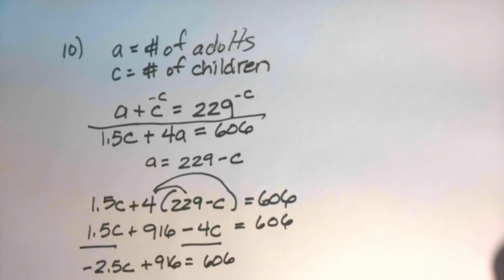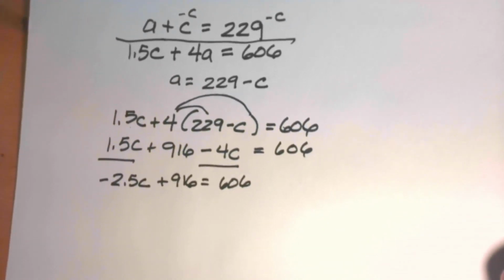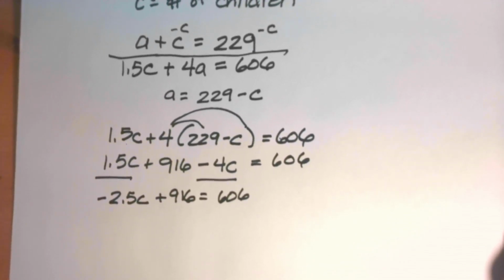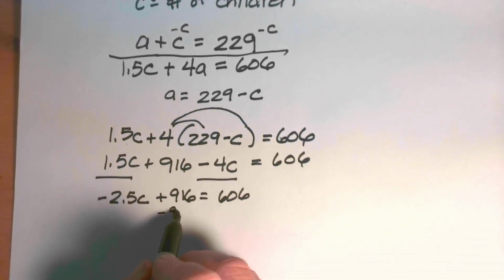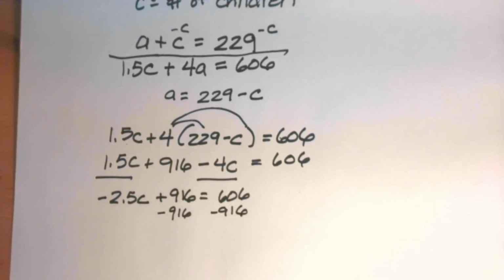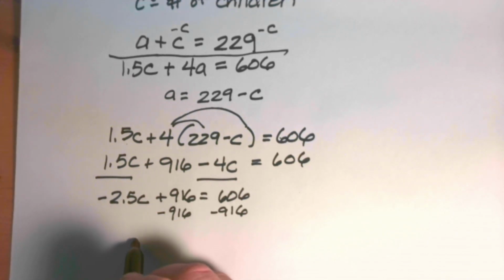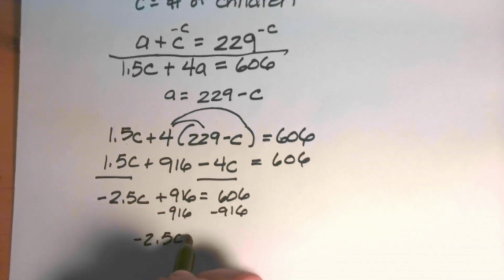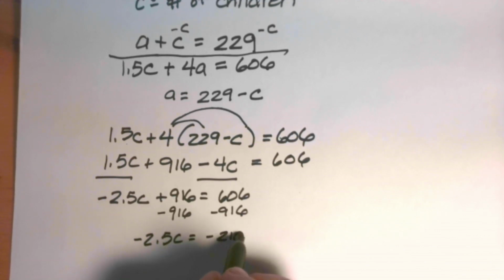I'm going to scroll down a little bit here. I'll keep solving. Go ahead and subtract 916. So that gives me negative 310. So I have negative 2.5C equal to negative 310.